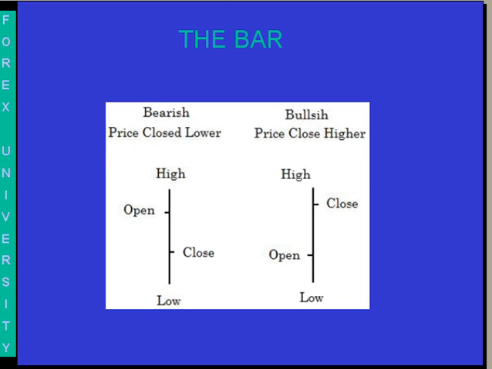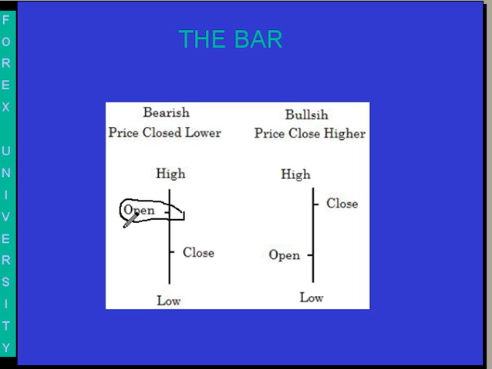Let's take a look at this candle, this bar as it's called. When you have a bar, we are measuring the opening price with this little notch on the side.